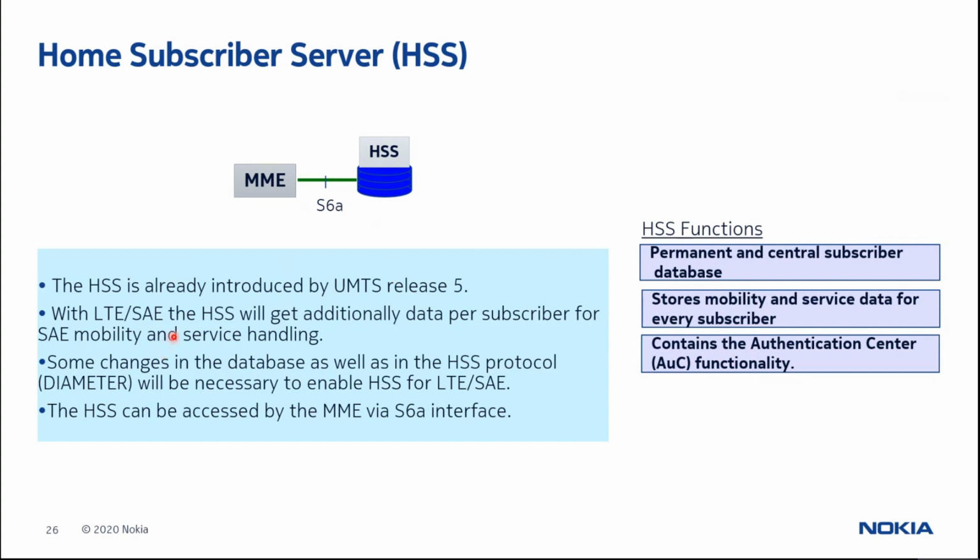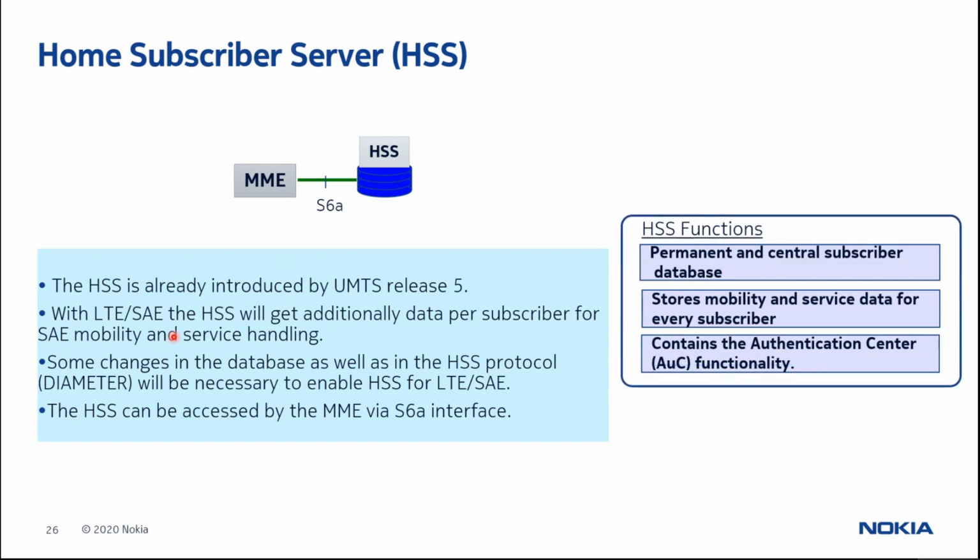So that's one of the functions of HSS. You can always associate this word HSS with a certain release. Prior to UMTS release 5, you had HLR here. And the actual protocol between MME and HSS is Diameter, and it is based on an interface called S6a.